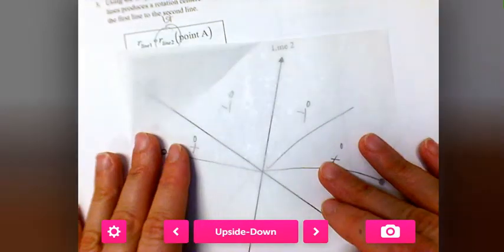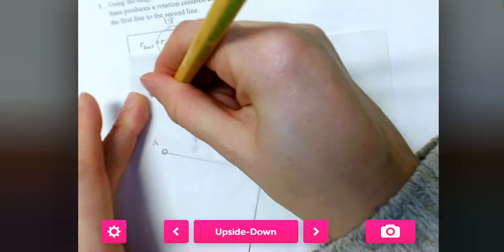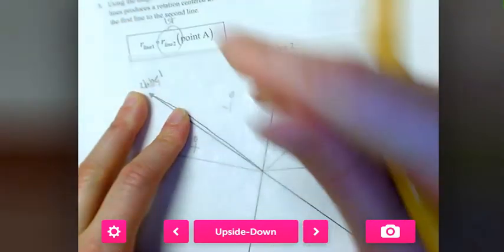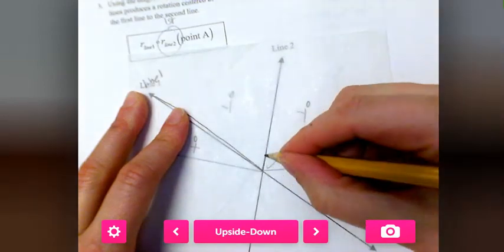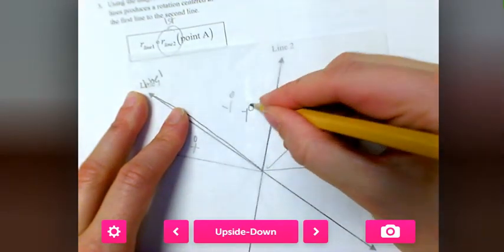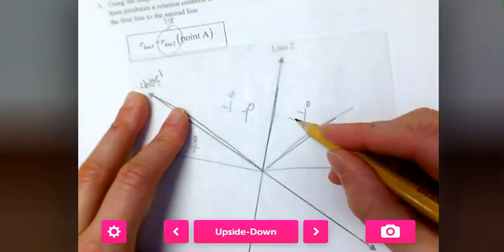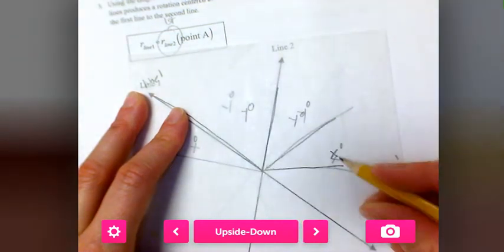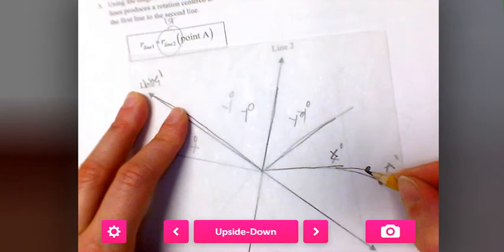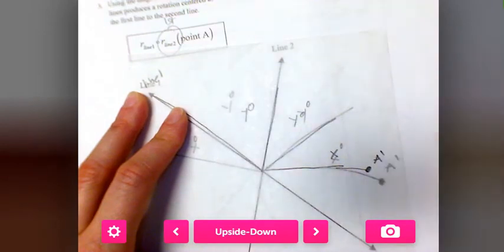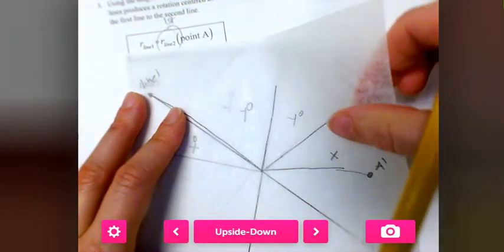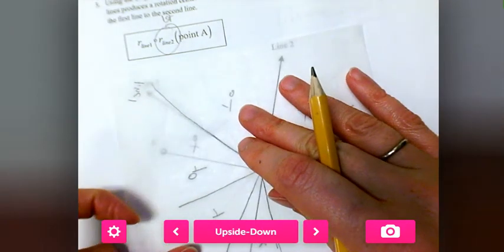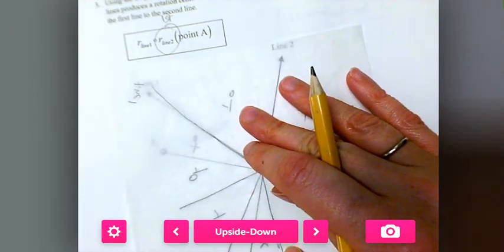So, I've got line 1 all the way over here. Remember, that's what I'm going to reflect over. I've got Y. I've got Y. I've got X. And I've got point A prime way over here. I'm going to put this and reflect this over it. Now I want you to think, I know it looks like it's the points way over here.